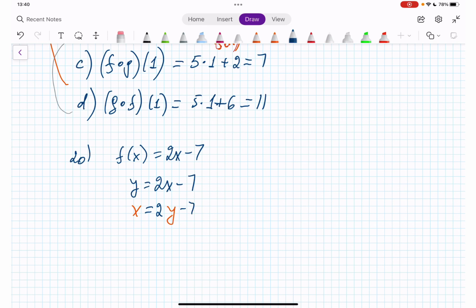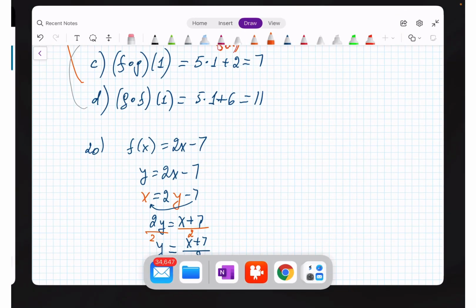We need to solve for y. So 2y is equal to x plus 7, right? Because I move it here, it's going to be plus. And y is going to be equal to x plus 7 divided by 2. Why? Because I'm dividing by 2 here, and whatever change I do to one part of the equation, I have to do to the other part of the equation. So the inverse y is equal to x plus 7 over 2.